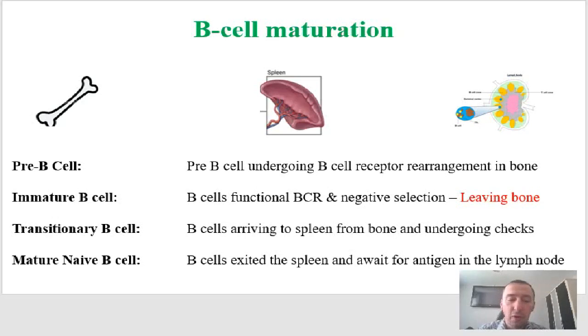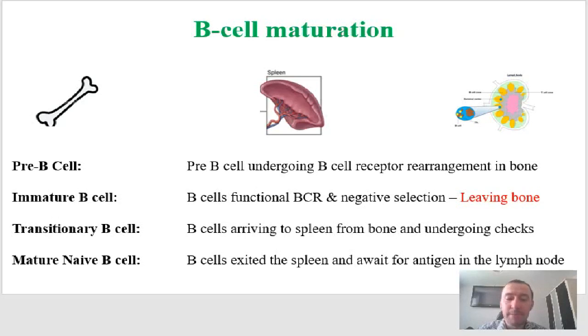Okay, so you go from a pre-B cell, make sure that the B cell receptor gene is rearranged. Then we make sure the B cell receptor gene rearrangement has led to the production of a functional receptor. We then check that that receptor doesn't respond against self-antigen. And then at the end of that process, this immature B cell makes its way from the bone to the spleen.